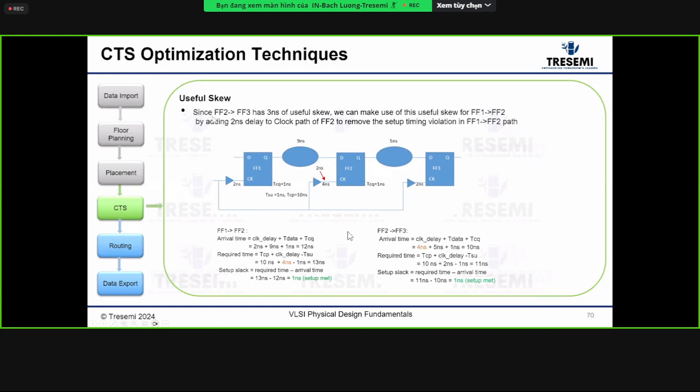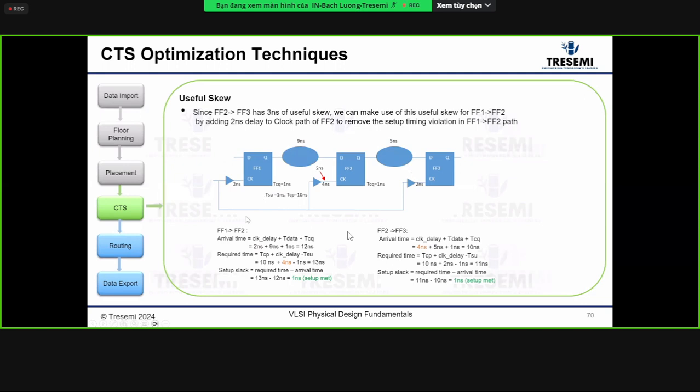Since flip-flop 2 to 3 has 3 nanoseconds of useful skew, we can use this for flop 1 to 2 by adding 2 nanoseconds of delay to the clock path to flop 2 and remove the setup time violation. So how do we do that? As you recall, this was 4 nanoseconds. What we can do is delay this clock by 2 nanoseconds, then that will make this pass and also this pass.